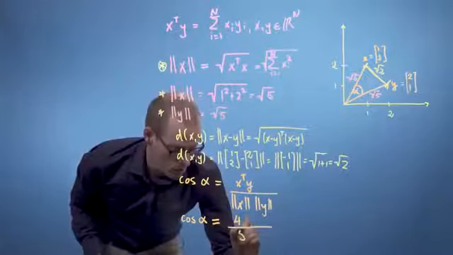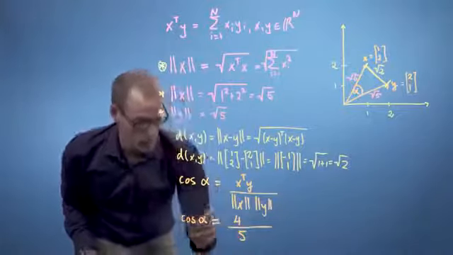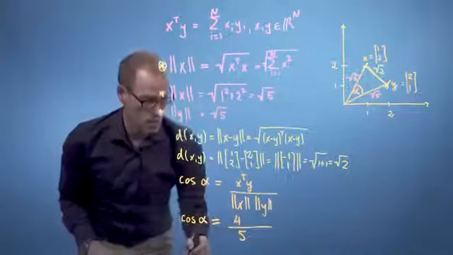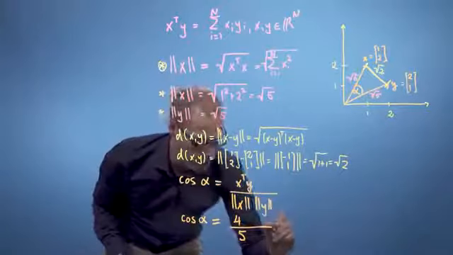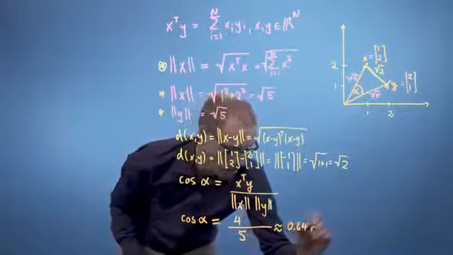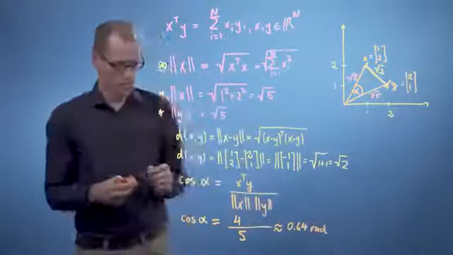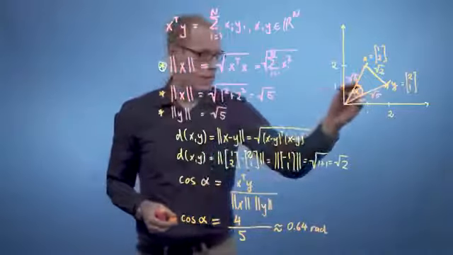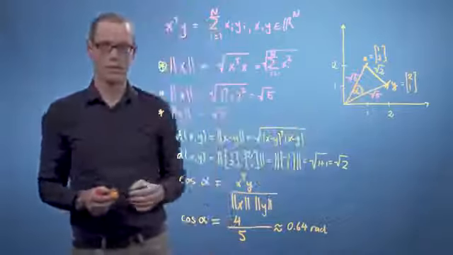So we get that cosine alpha is 4 over 5, which corresponds to approximately 0.64 radians. And that is our angle alpha between these two vectors.